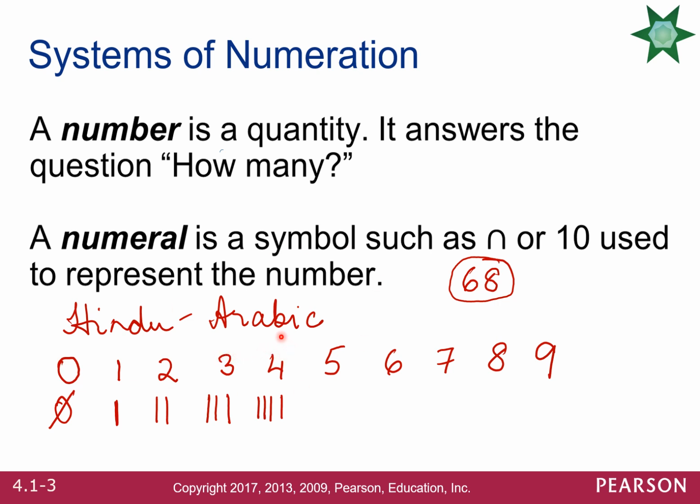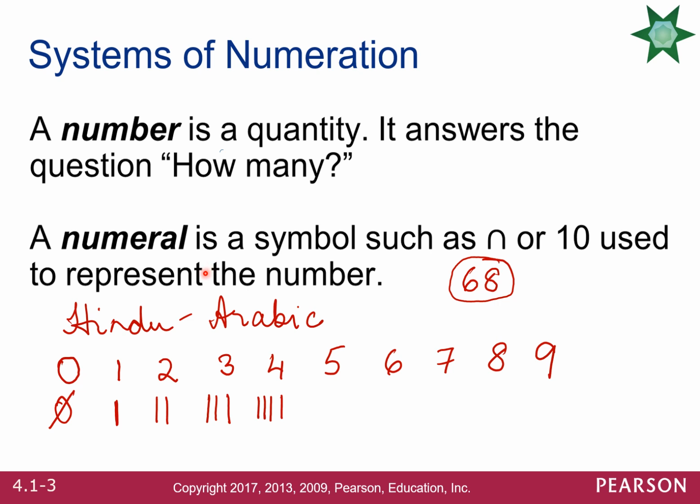We'll talk in greater detail about the Hindu-Arabic system later on, but essentially this particular slide was to explain the difference between the term number and a numeral. So keep in mind the numeral represents a symbol, in different enumeration systems. We learn about the Egyptian system, the Roman system.